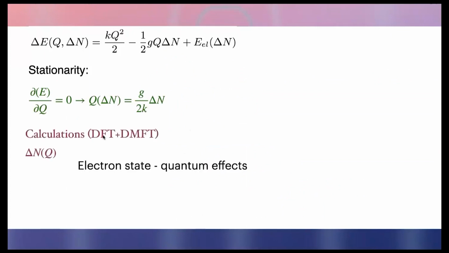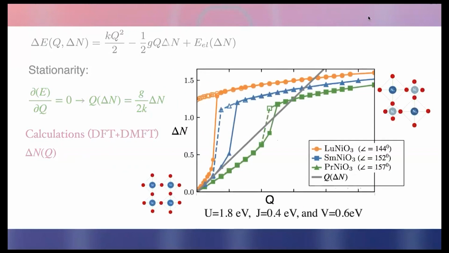The more complicated part is the electronic part, which is not treated semi-classically. And that's because your delta n as a function of the distortion ends up quite a bit more complicated. Right. So you then have something like this. In this paper, you have this line, which is the lattice response, which turns out to be the same for all these three rare earth nickelates. Right. This is your lattice response.